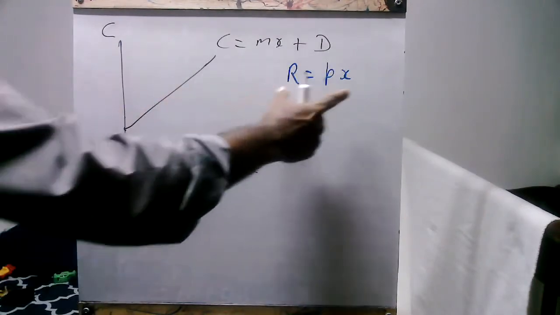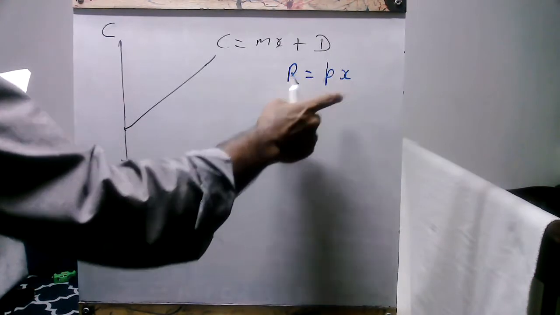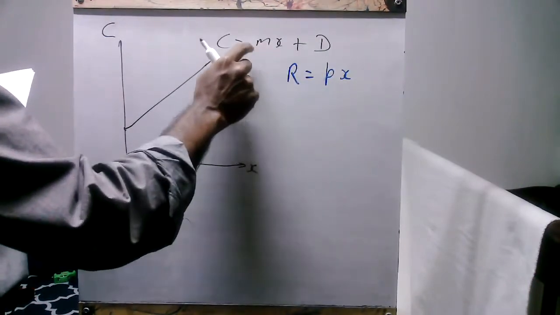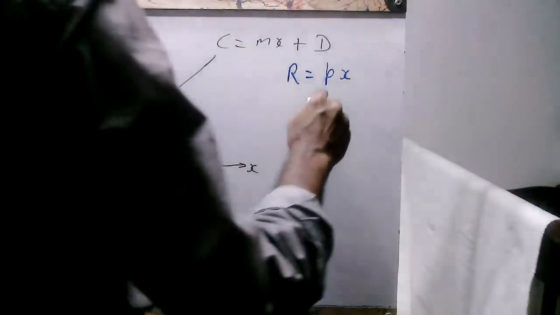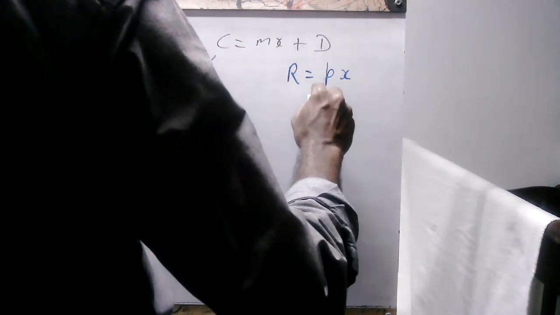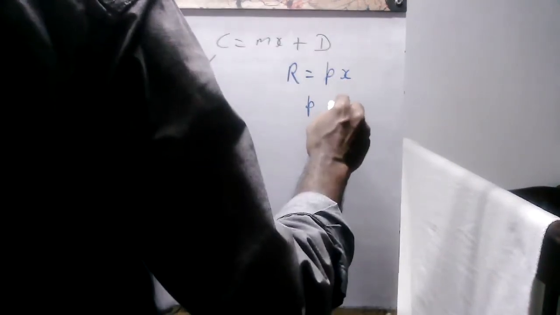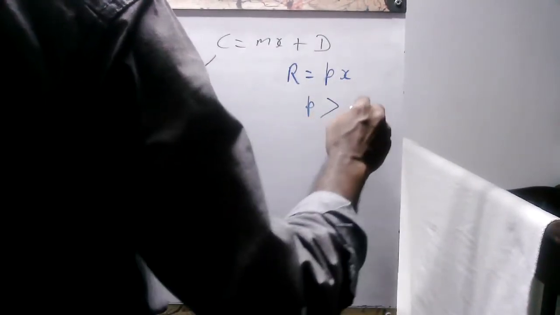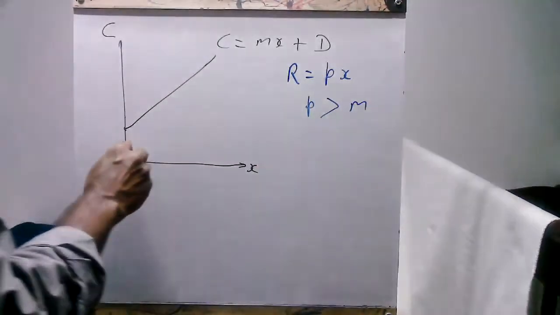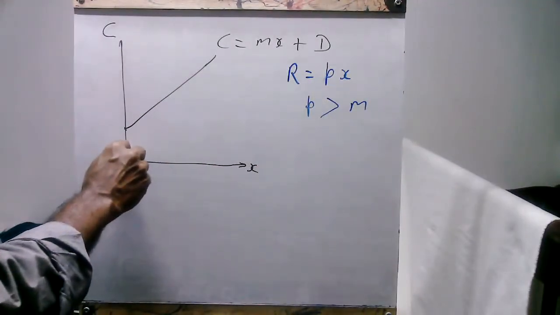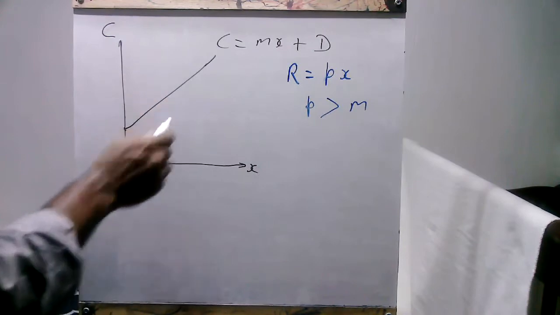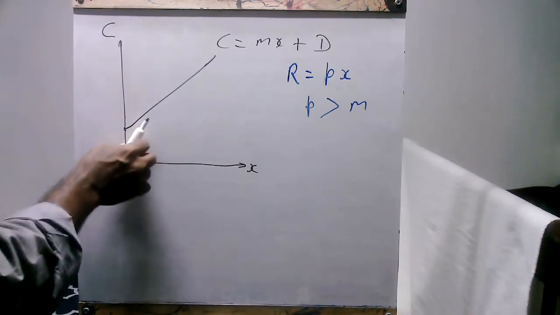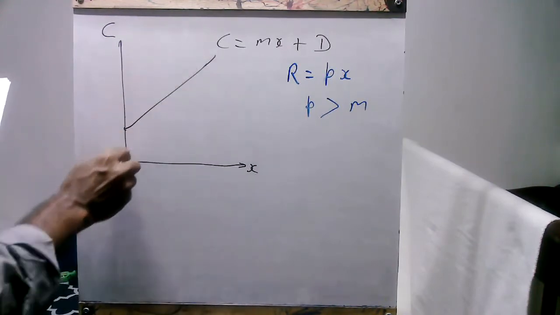Therefore the graph of this is steeper than graph of cost, because the price should be greater than M. Therefore that graph starts from here and it should be steeper than the cost graph.